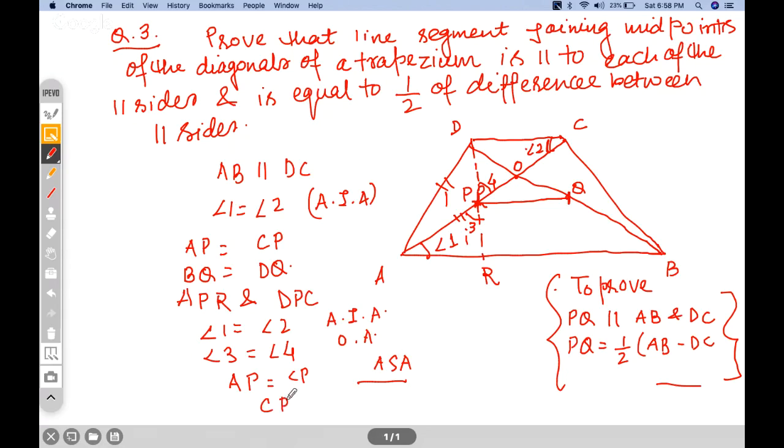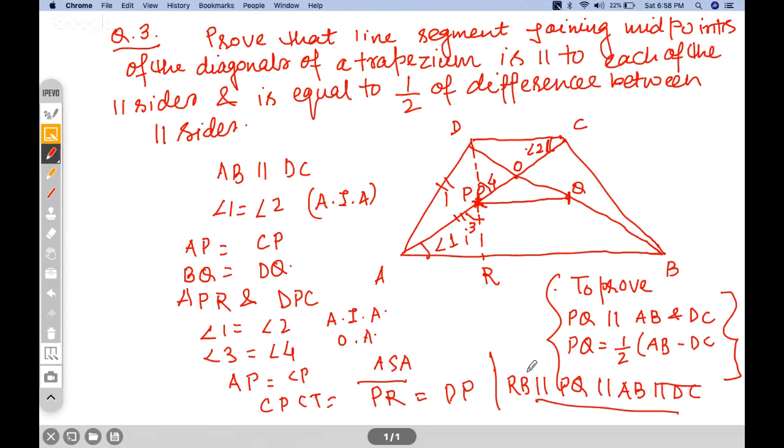By CPCT, the side opposite to angle 1 is PR and the side opposite to angle 2 is DP. So PR is equal to DP. If PR is equal to DP, it means that P is the midpoint of DR. Now by the midpoint theorem, RB is parallel to PQ and RB is a part of AB. So PQ would be parallel to AB. AB is already parallel to DC. So the first part can be proved easily.